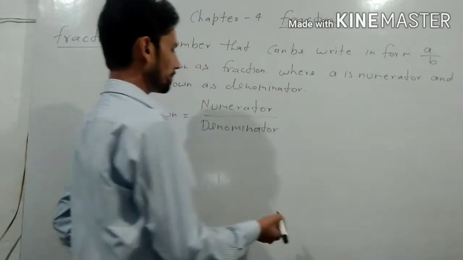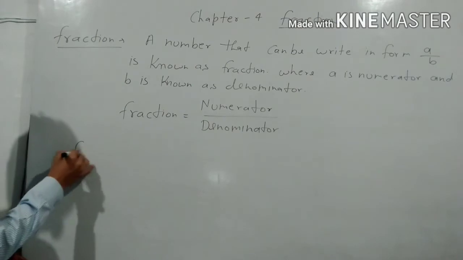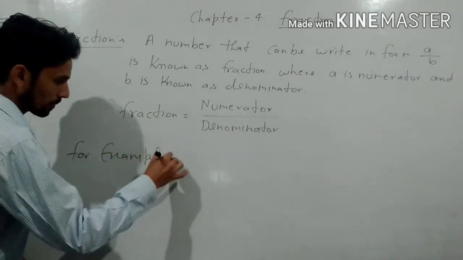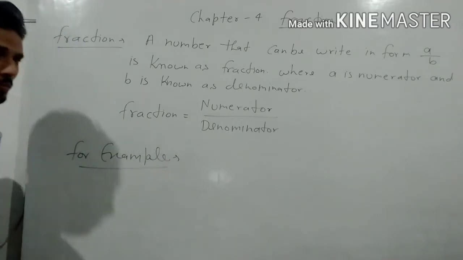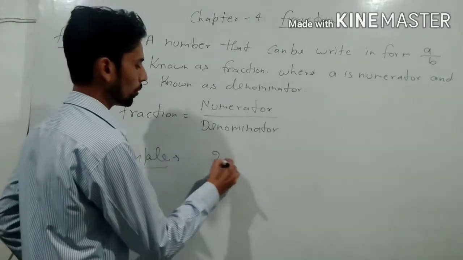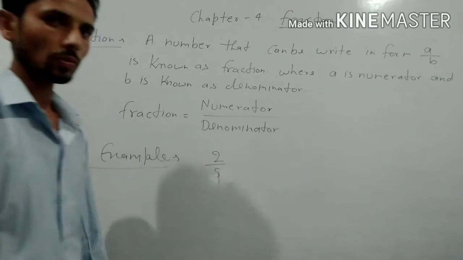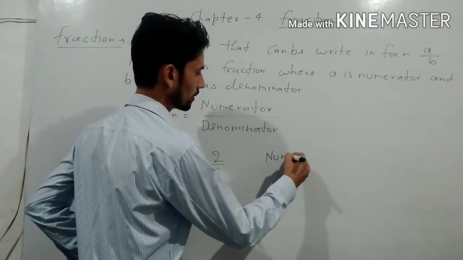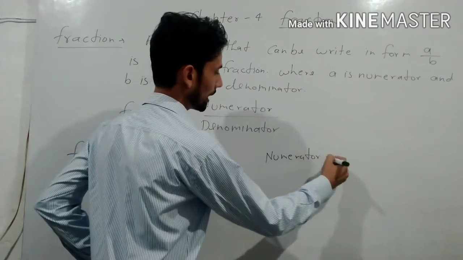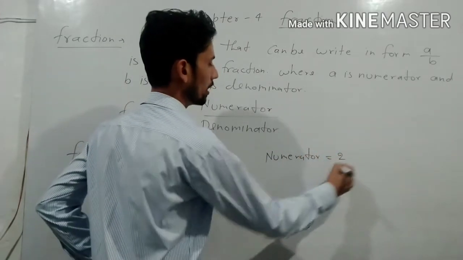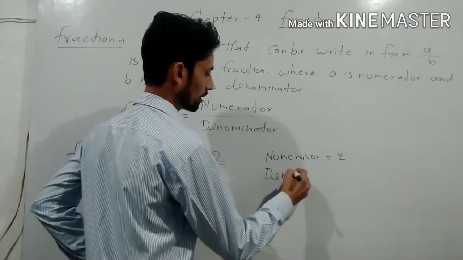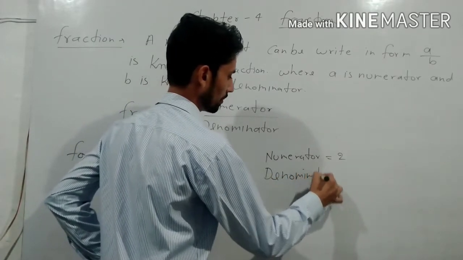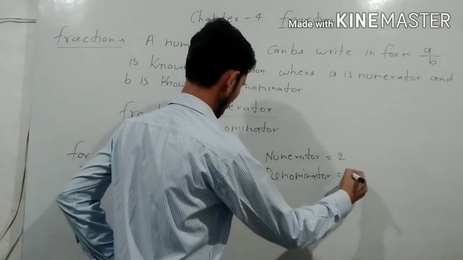For example, 2/5. So here 2 is the numerator. Numerator is equal to 2. Denominator is equal to 5.